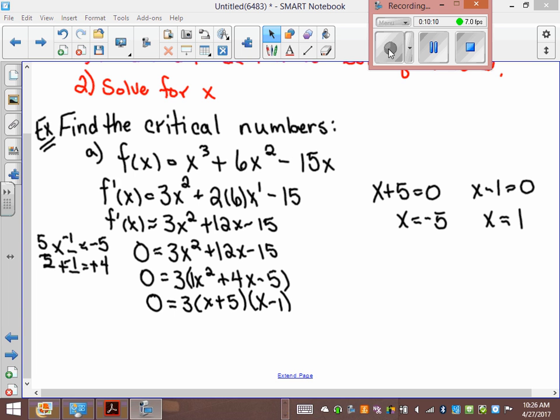Your first derivative tells you what your tangent slope would be, correct? If you look at your first derivative, your graph is actually decreasing along the first part and increasing along this second part.